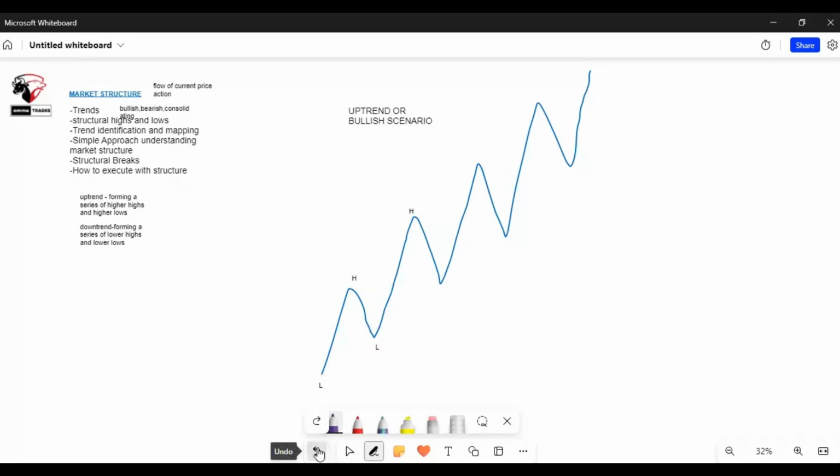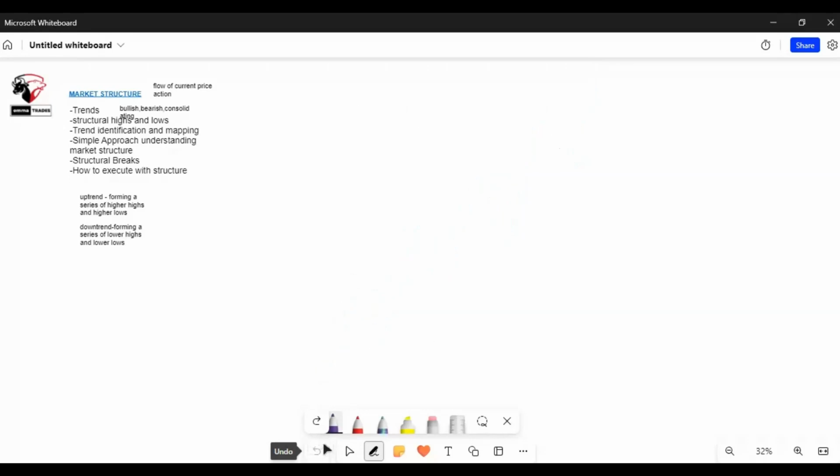It's not rocket science when it comes to a downtrend. It's pretty much the same exact thing in a reverse format.